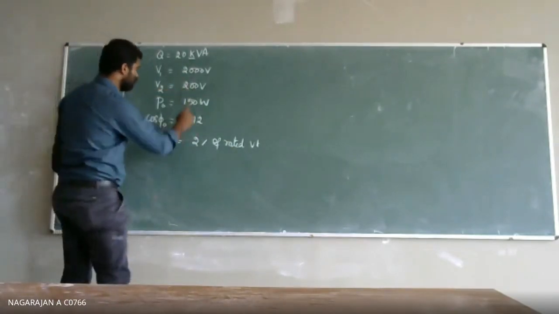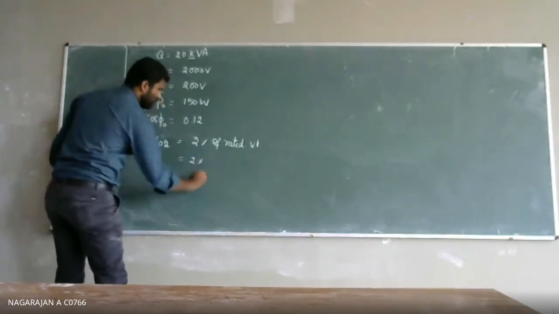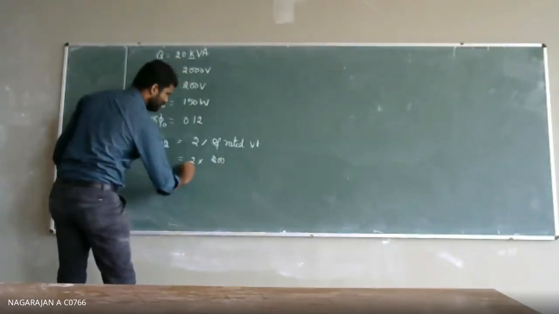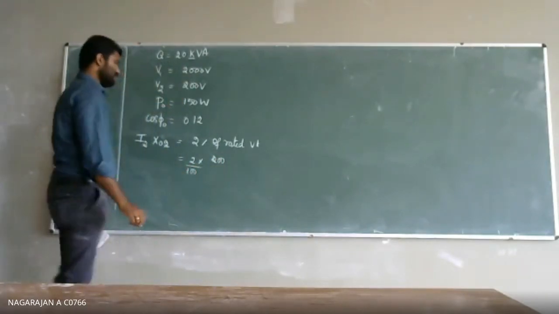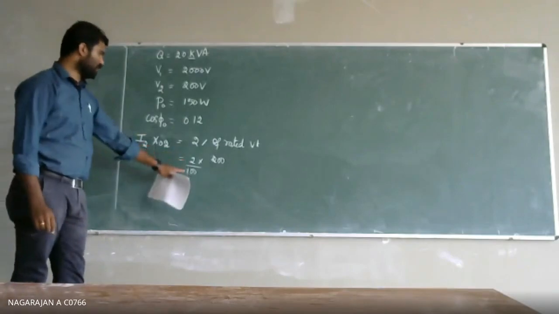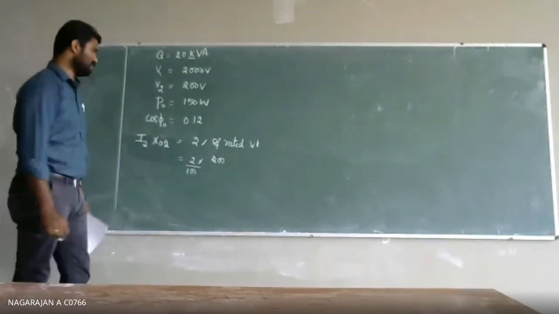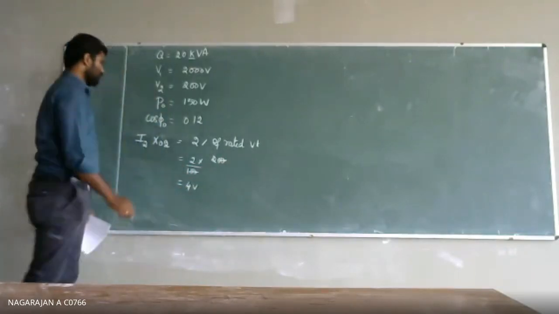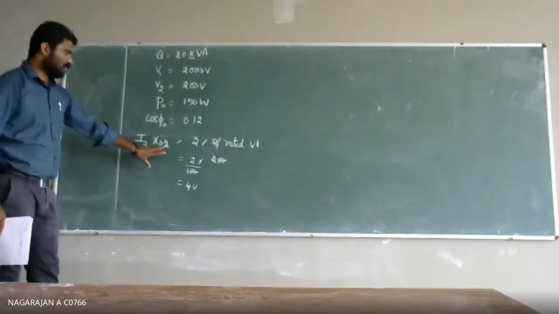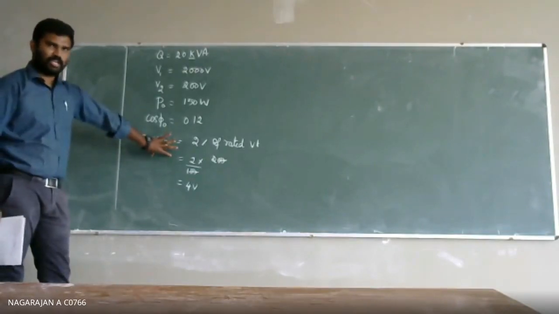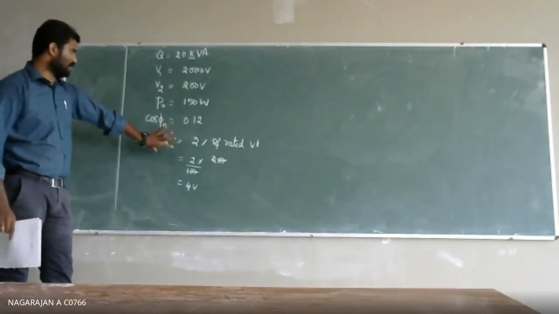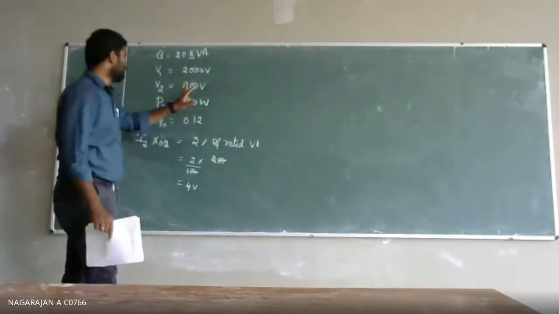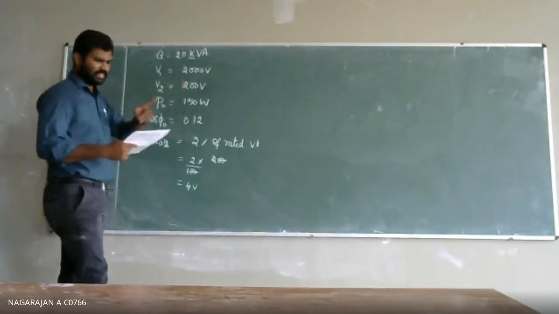So 2% of 200 volts will be 2 by 100 into 200, since for percentage we write 100 in the denominator. What is the value? You will get 4 volts. So the drop due to total leakage reactance is 2% of rated voltage, which means you need to take the rated voltage at the secondary side. Mention that also.